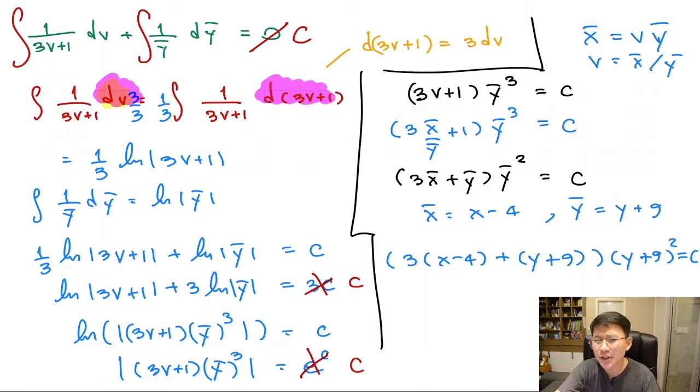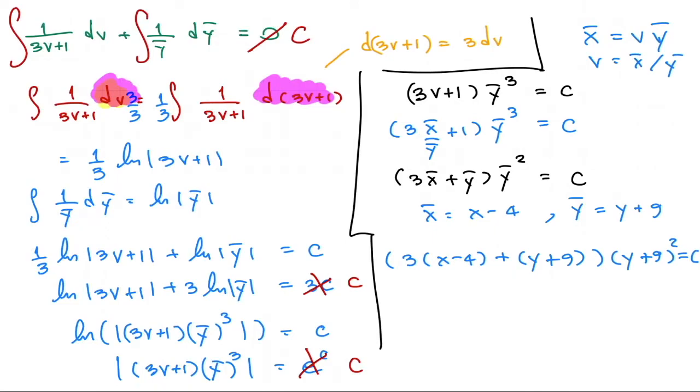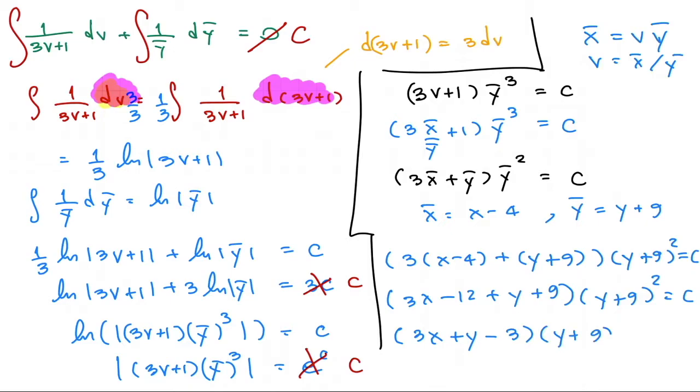So what we have is 3x minus 12 plus y plus 9, times y plus 9 squared, equals c, or 3x plus y minus 3, times y plus 9 squared, equals c. And that is the solution.